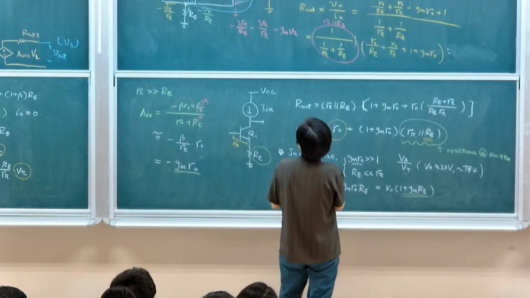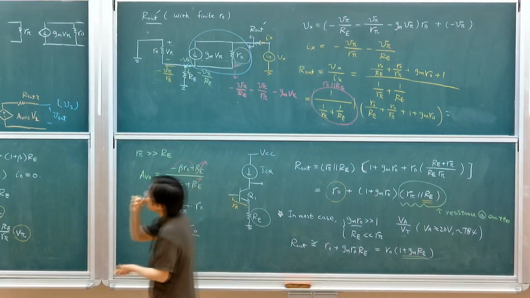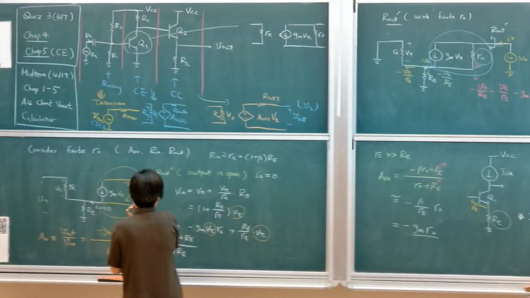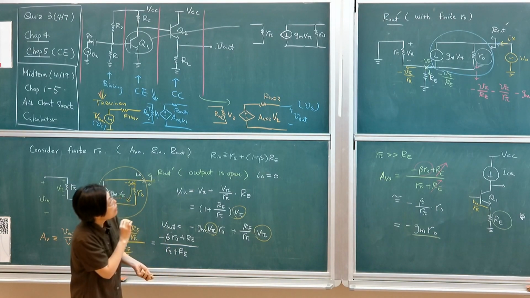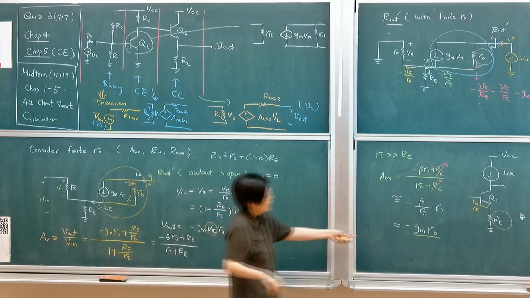Let me explain why. Where's my voltage gain? The finite R out. I didn't actually put it down. I thought I put it down somewhere. Oh, right here.